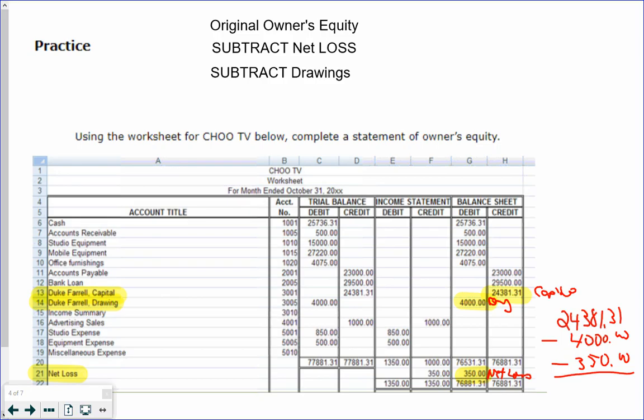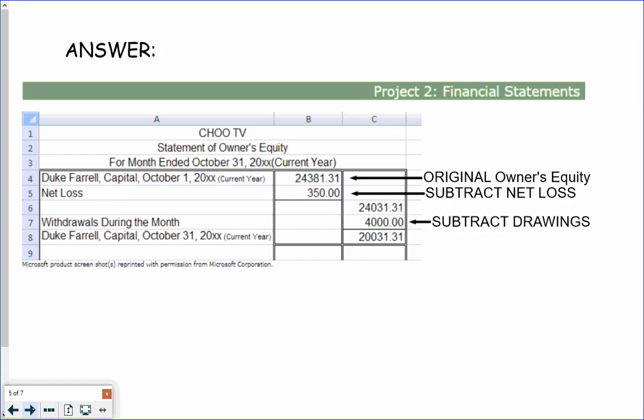How we write it is the same thing. You do the first column, and then this time, instead of adding the net income, you minus the net loss. Then you put the answer again in the second column, and the drawings again go in the second column for the total.